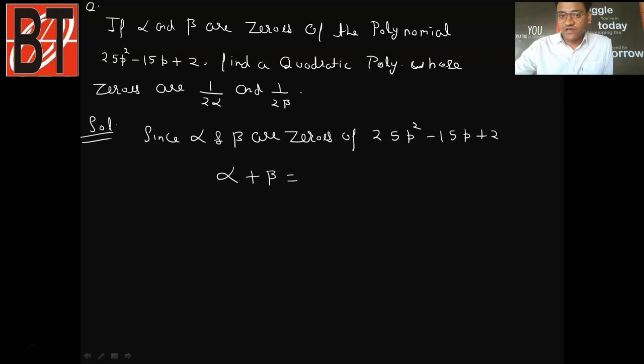Just tell me what is the value of b here. The value of b here is minus 15 and the value of a here is 25. Clear, students? The coefficient of p square here, because the variable of polynomial here is small p.